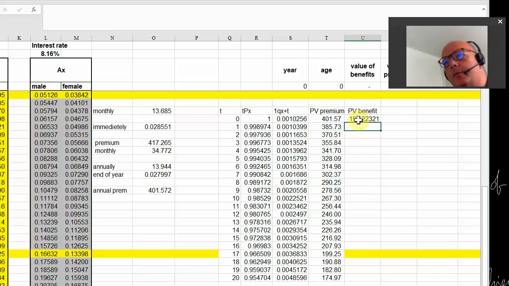That is the present value of the benefit, but I've ignored there the probability of surviving to the start of the year, which is also a key part, so I need to multiply that by the probability of surviving to the start of the year.